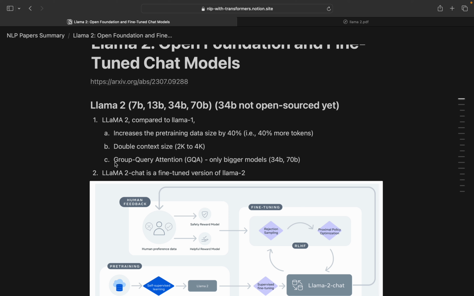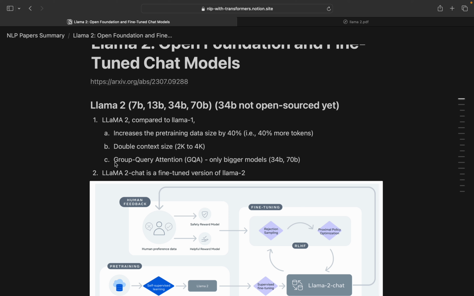Multi-headed attention is really powerful, but it takes a lot of computation. Multi-query attention takes very little computation, but it doesn't perform well.